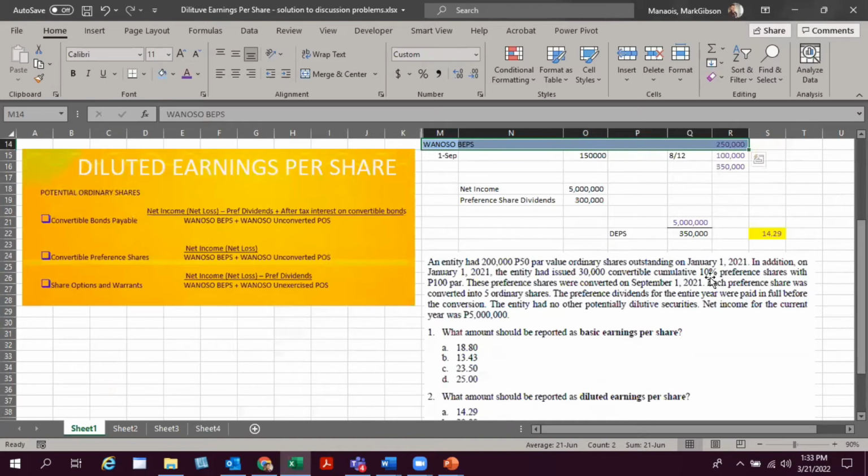Ngayon, pag-usapan natin yung potential ordinary share from the convertible preference share. Sabi natin, it's 150,000. Paano na-compute yung 150,000? That's 30,000 multiplied by 5.